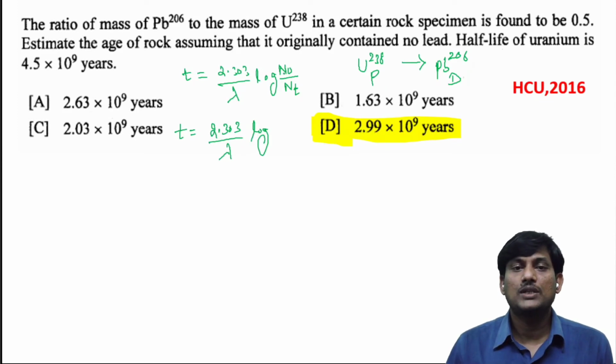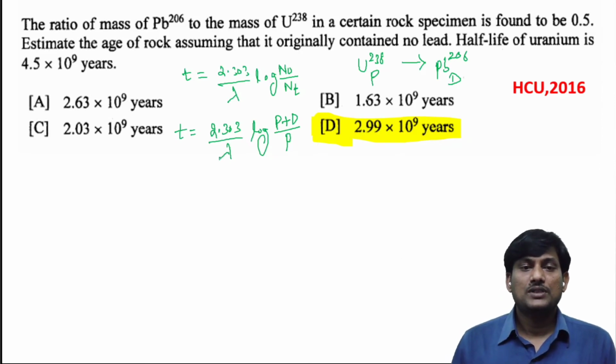The initial number of uranium nuclei will be equal to the number of uranium nuclei at time t plus the number of lead nuclei at time t. So it will be P + D, divided by the number of uranium nuclei at time t, so it will be P.